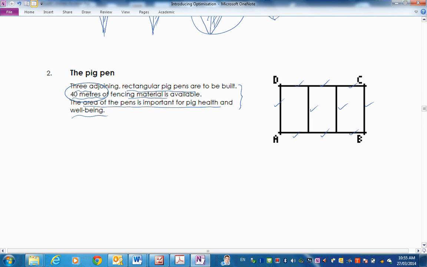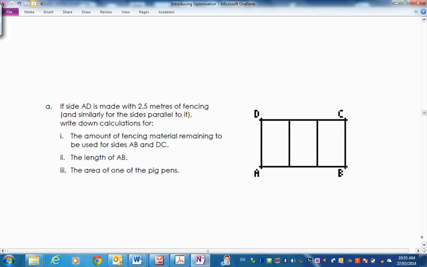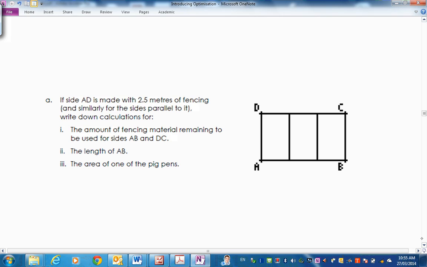Alright, so let's have a look now at what they want us to do with these. We're going to find the area. Here's the first little exercise here. If side AD is made with 2.5 metres of fencing wire, write down calculations for the amount of fencing material remaining to be used for sides AB and DC. So AD is this. That's 2.5 metres.